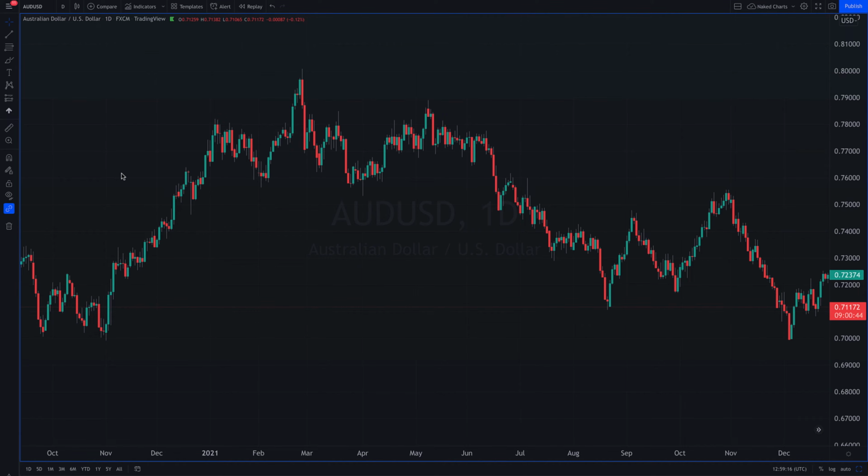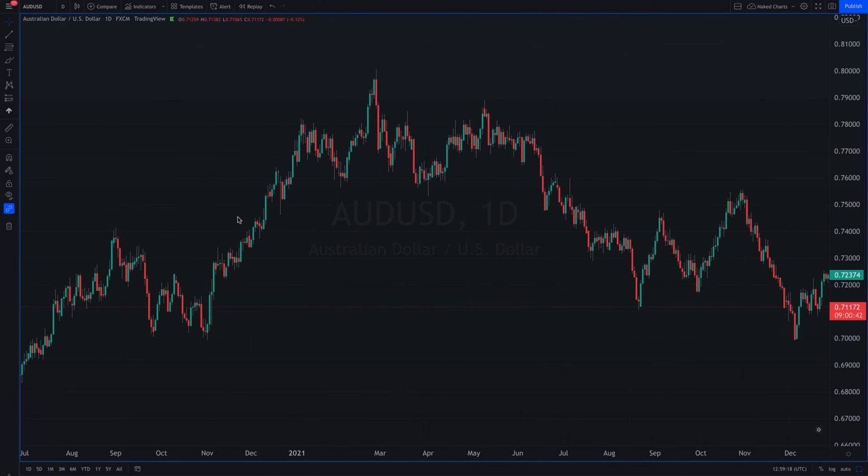Okay, so as I said, what we do for this is we will look at support and resistance levels. And the reason that we look at support and resistance levels is that when you're looking to trade, you need to understand where to trade. Okay, because if you understand where to trade, where the action is going to take place from, you can balance your reward to risk ratios so that you get the best bang for your buck. And that is that you can get into the markets with the lowest amount of risk to get the maximum amount of reward.